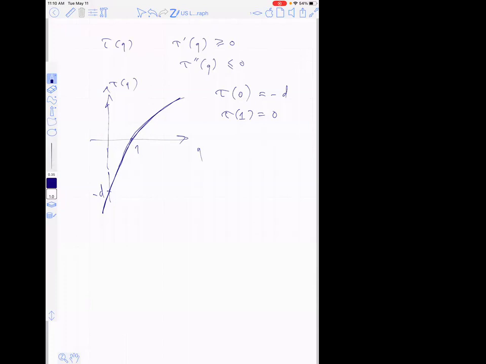The local density of states can be written in terms of the wave functions: it's the sum over the spectrum of the delta function of the energy, with the wave function squared there.